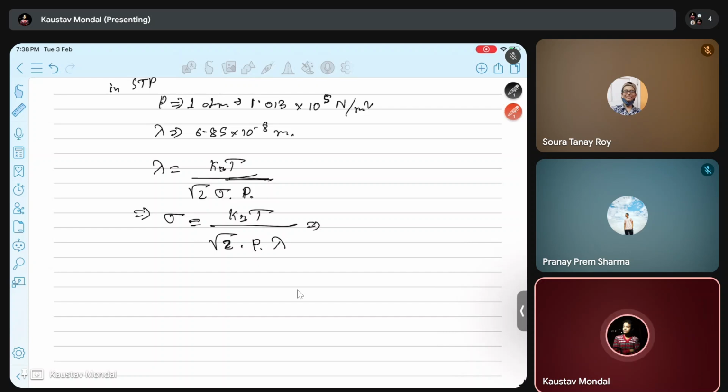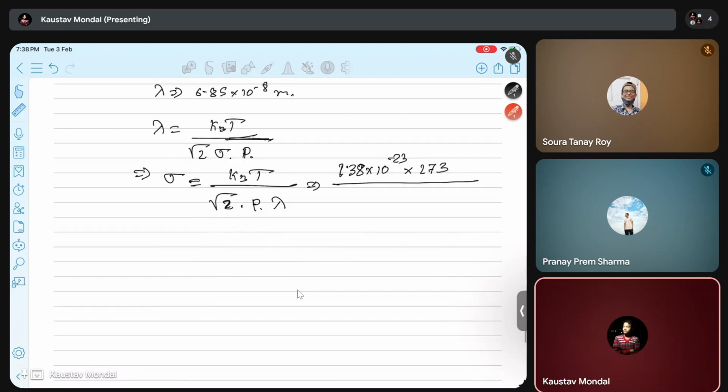We know kB is 1.38 into 10 to the power minus 23, into 273, that is the temperature in Kelvin, and root 2 into 1.013 into 10 to the power 5 into 6.85 into 10 to the power minus 8.